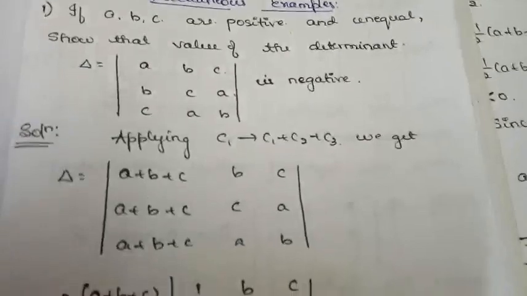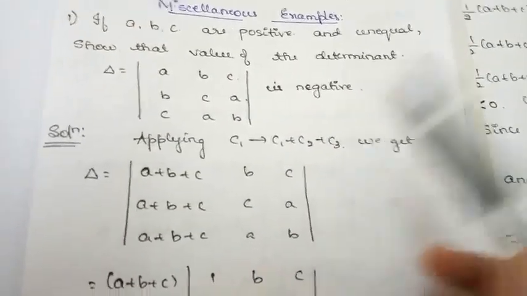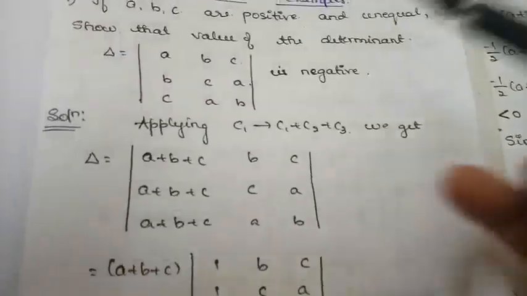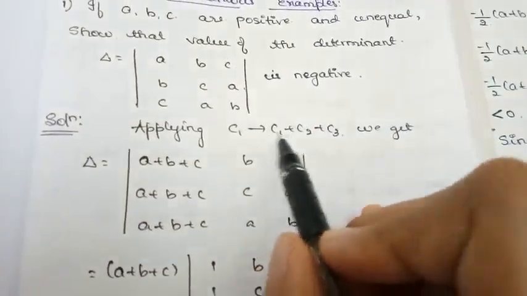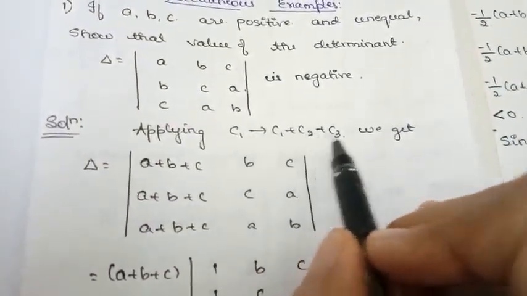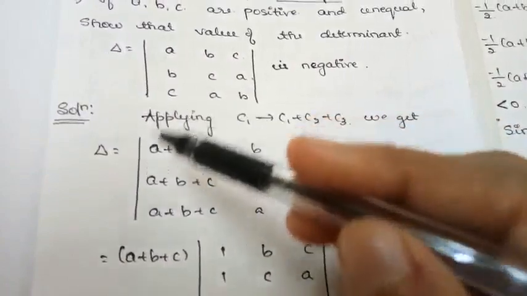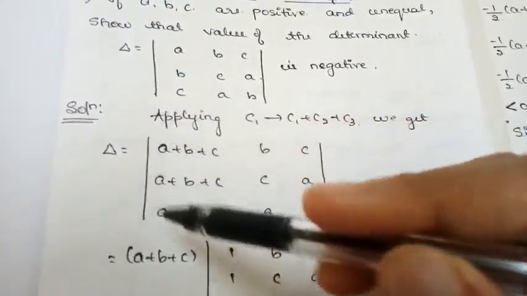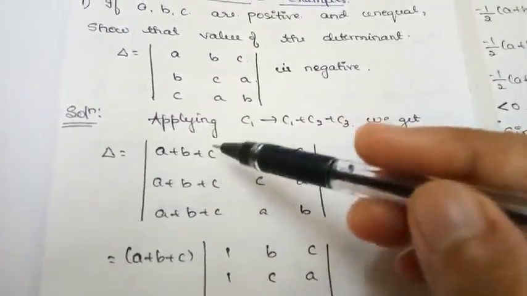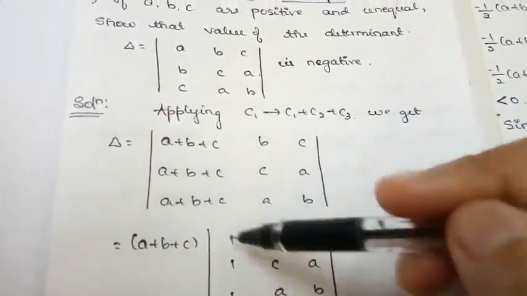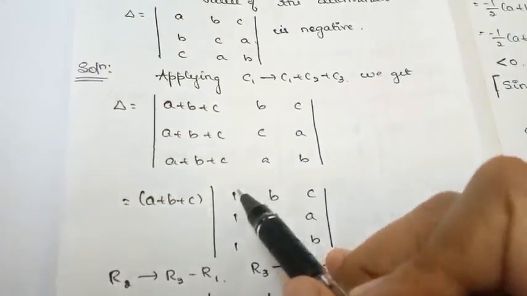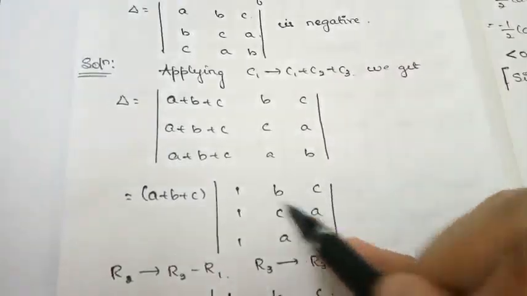So let us move ahead, as usual, with row operations and column operations. First I apply C1 implies C1 plus C2 plus C3. At that time I got the whole first column as a plus b plus c. I removed that common factor from the first column. After removing it I got 1, 1, 1, b, c, a, c, a, b.